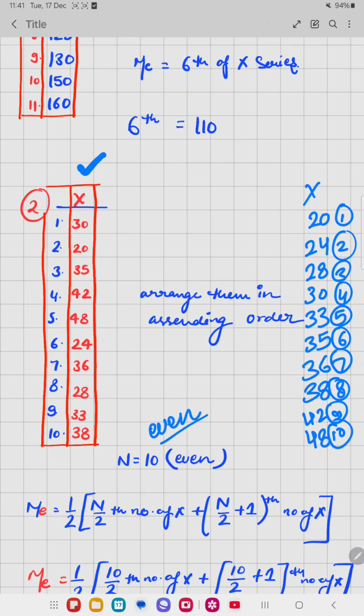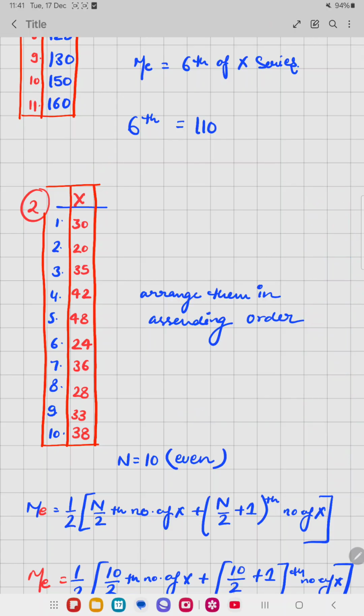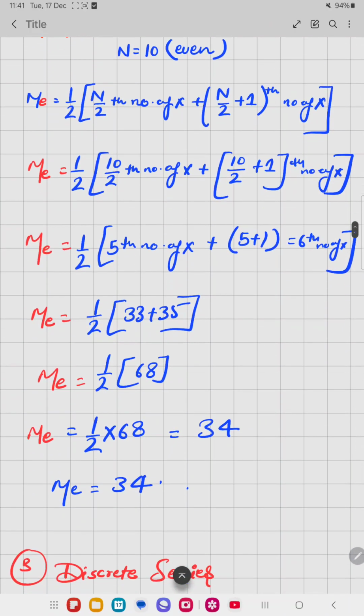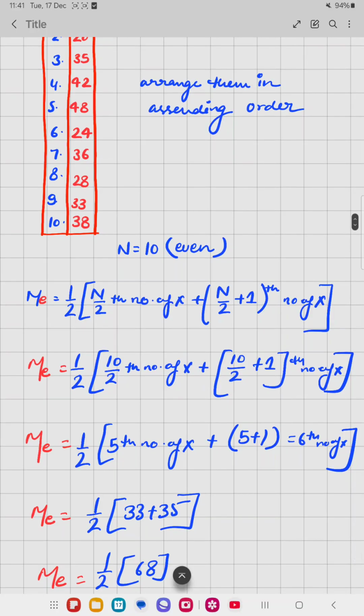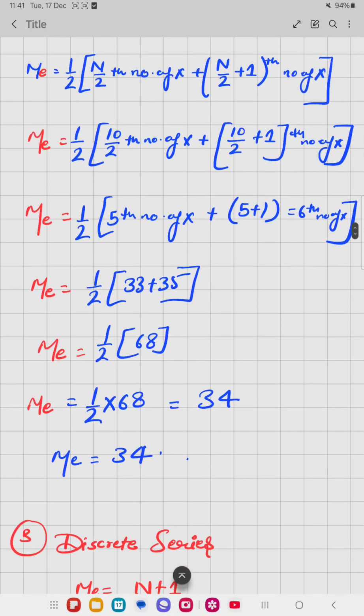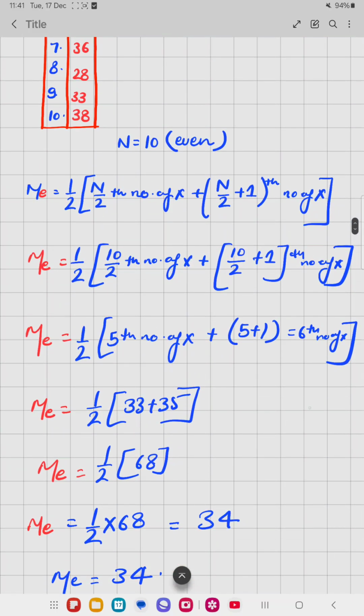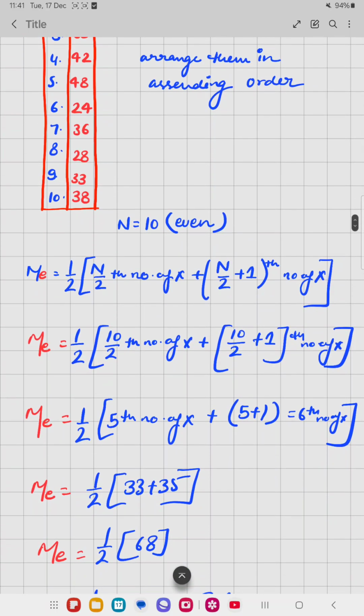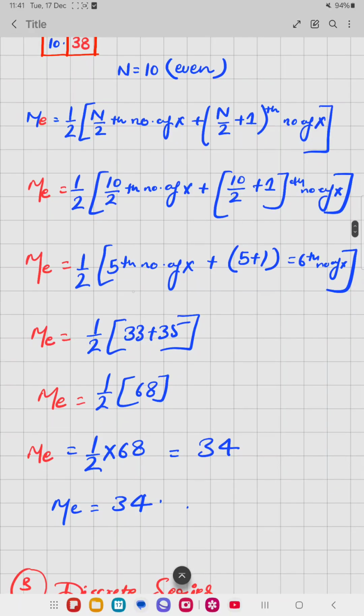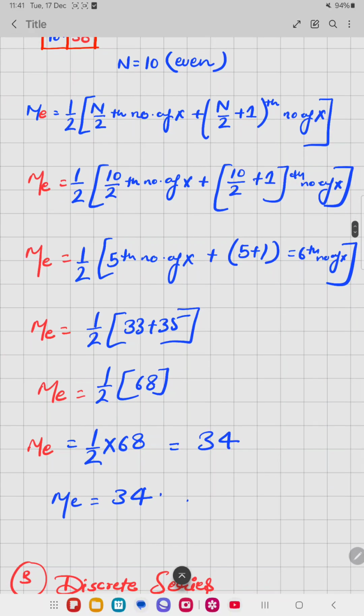So here, when you arrange them in ascending order, the even formula is this: n by 2 of the x and n plus 1 by 2 of the x, and here it will say about the 5th and the 6th number.